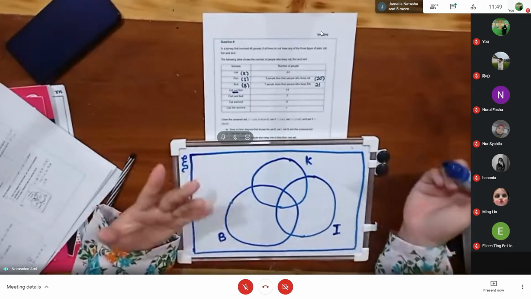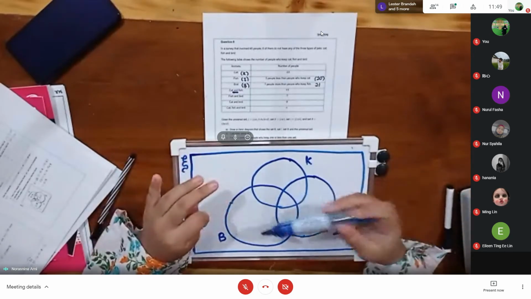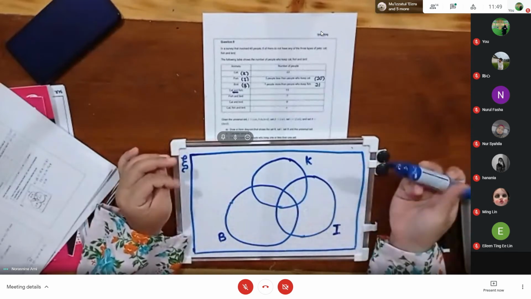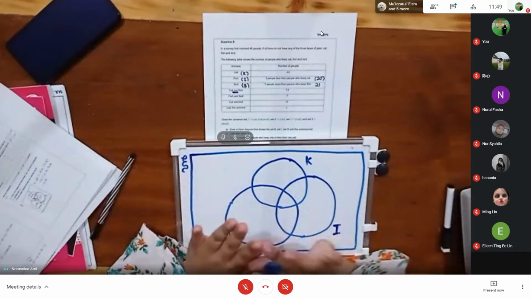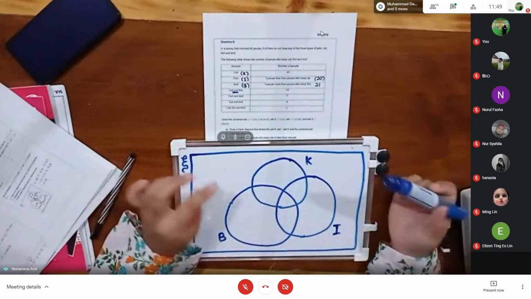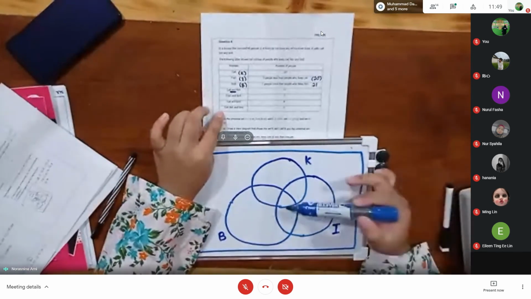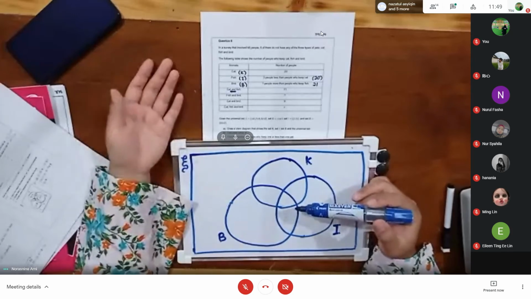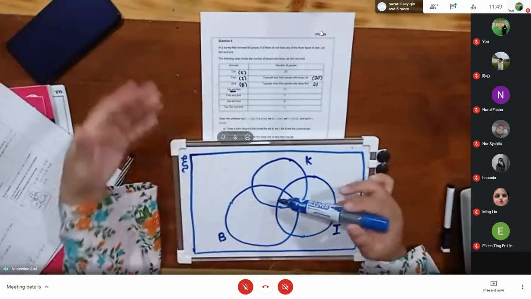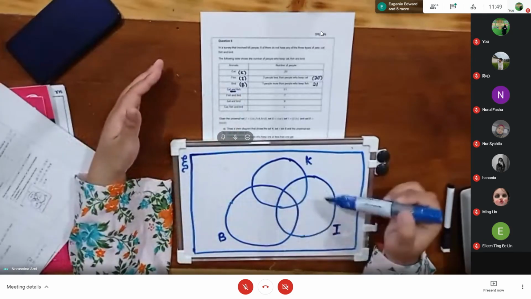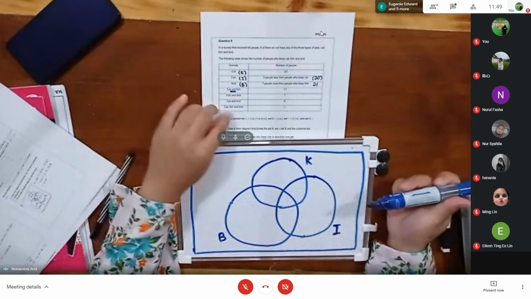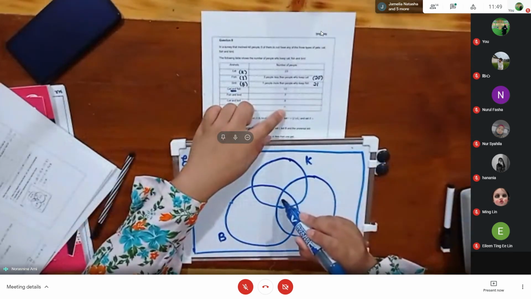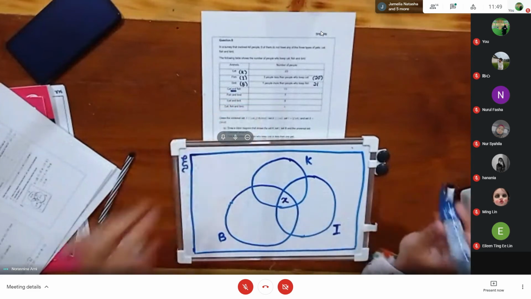First thing first, we label the number of people in each region. I like to start from the middle part. From the table, the middle part is the person who keeps cat, fish, and bird. They have three types of pet, so it is represented by X. So here is X.